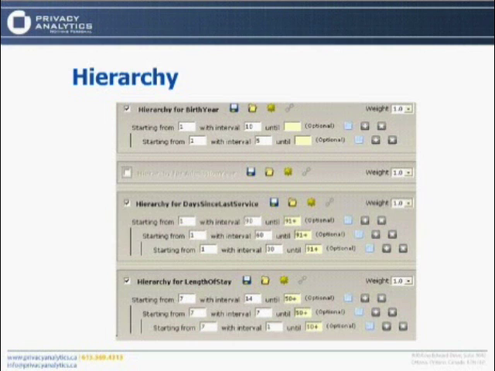Same thing for days since last service, for birth year, 5-year groups, or 10-year groups. So these kinds of hierarchies produce data sets that have high acceptability. We tried adding noise and various other shuffling, swapping, and data users don't like that kind of data. They don't want to use them.